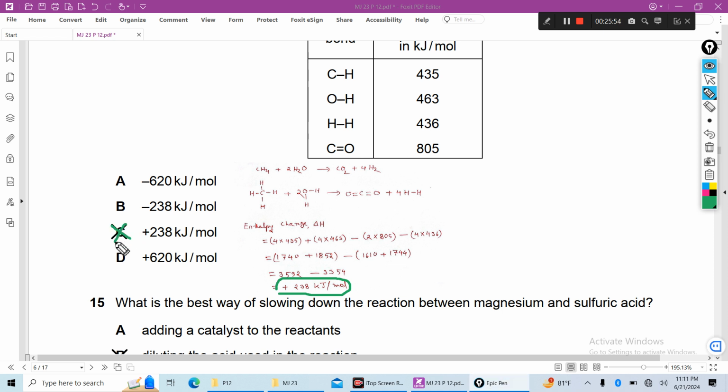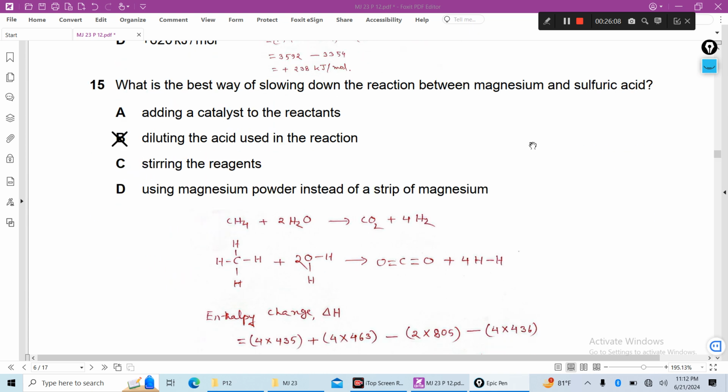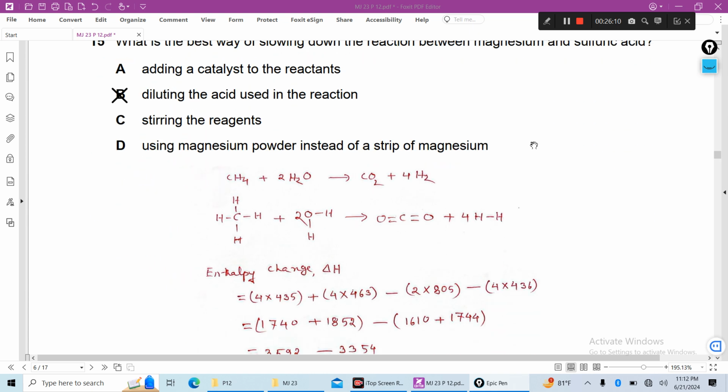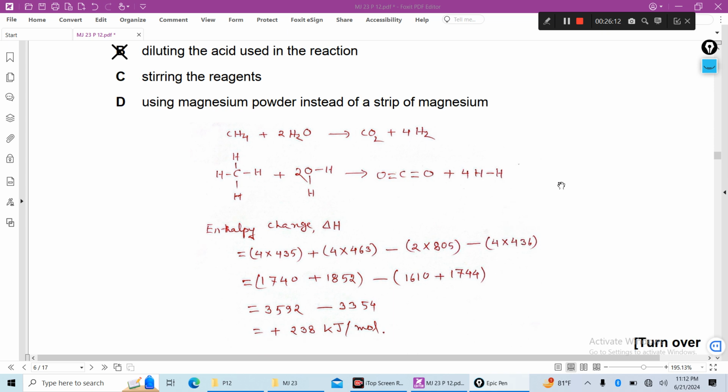Enthalpy change of a reaction will be bond broken energy minus bond formed energy. In reactants, bonds are broken. In products, bonds are formed. Now this is the answer to 14.